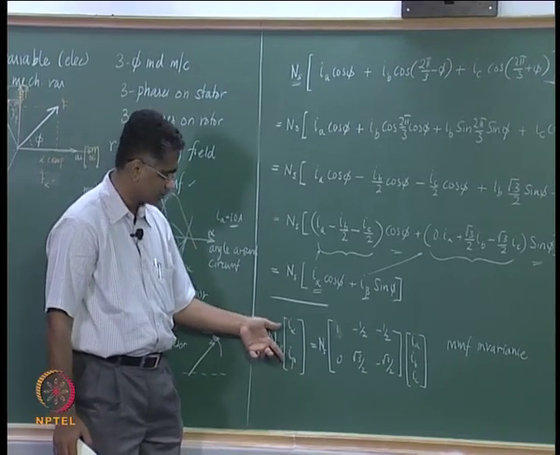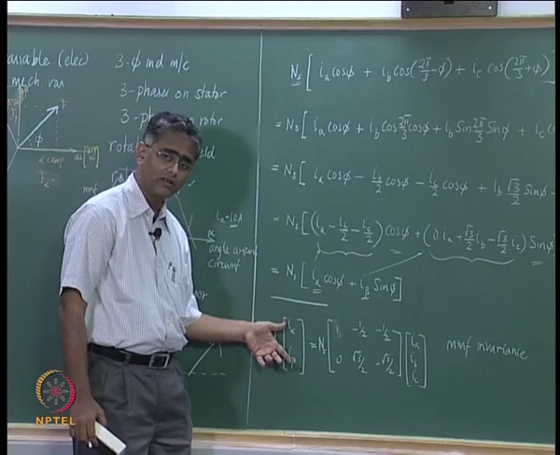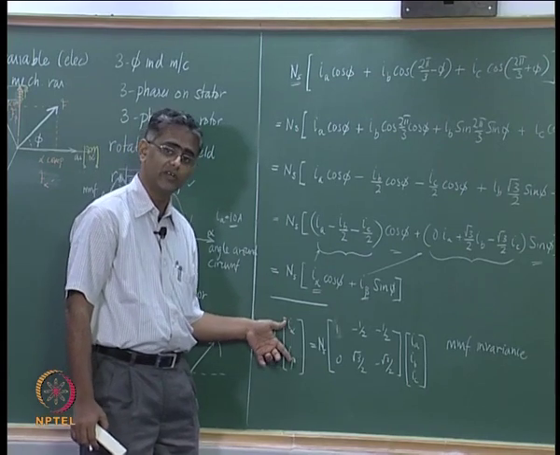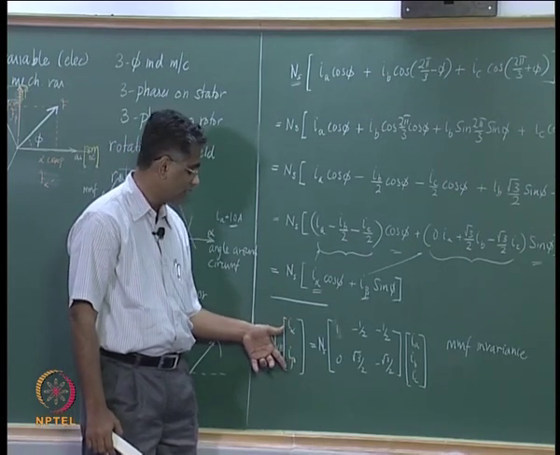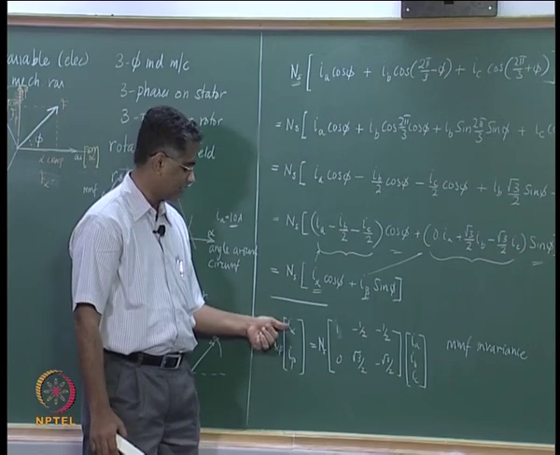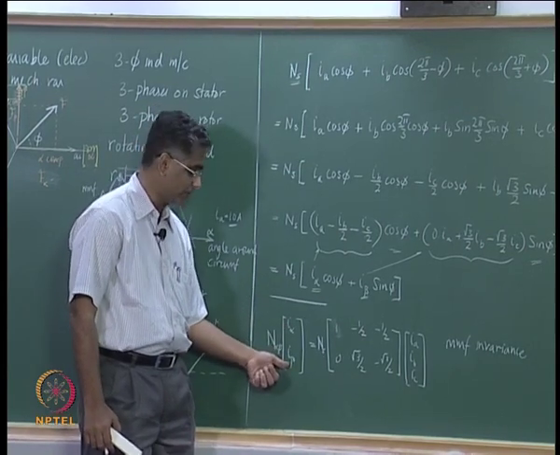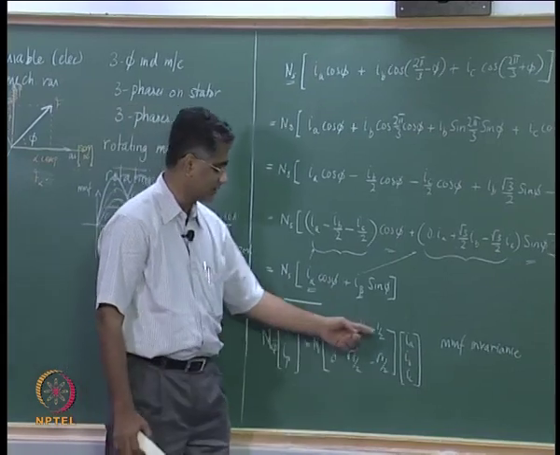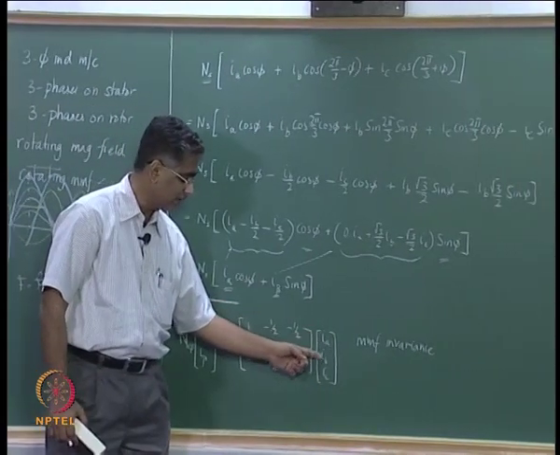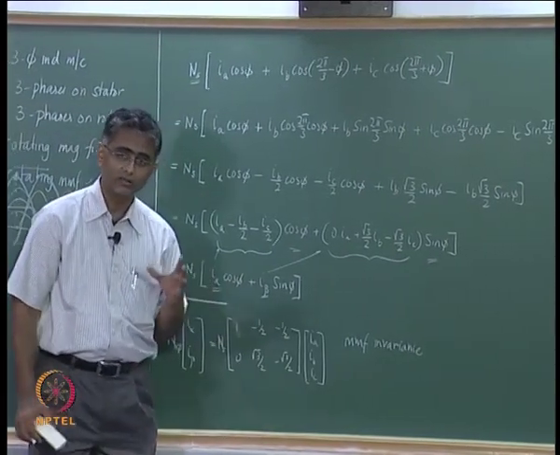However, these two variables are not the real life variables, they are fictitious variables. We are only trying to imagine that a current I alpha and I beta is flowing, whereas actually the currents that are flowing are IA, IB and IC in the real three phase machine.